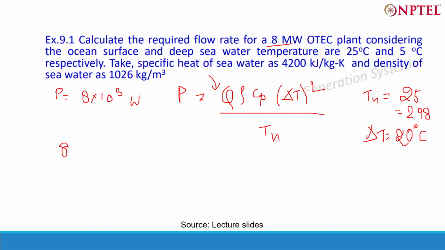So 8,000 into Th is 298, Q equal to, rho is 1000, Cp is 4200. So this has to be in joule.